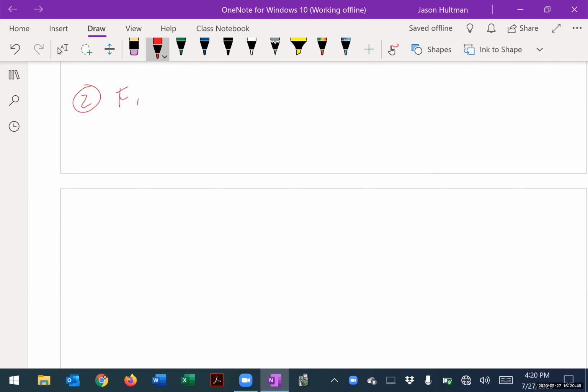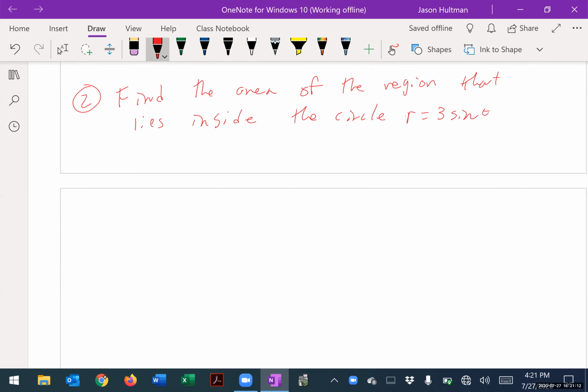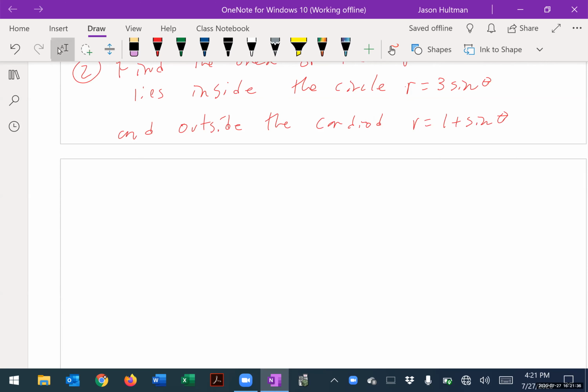Number 2, find the area of the region that lies inside the circle r equals 3 sine theta, and outside the cardioid r equals 1 plus sine theta. Okay. So again, let's go to Desmos, see what this looks like real quick.